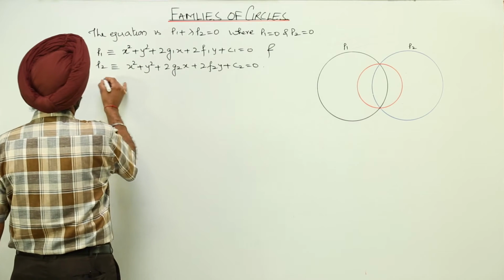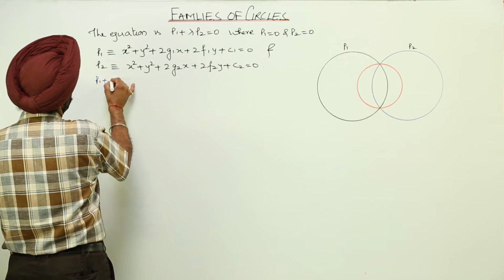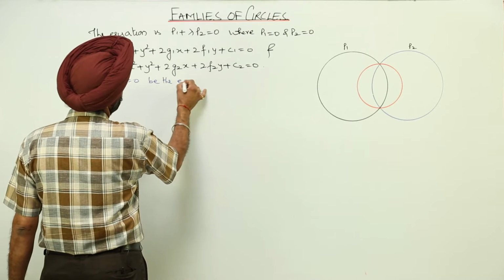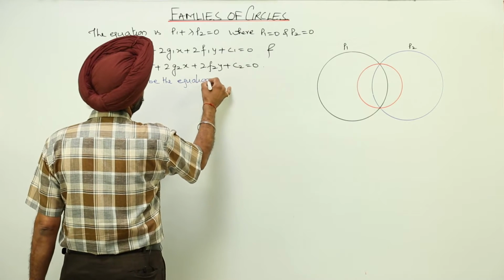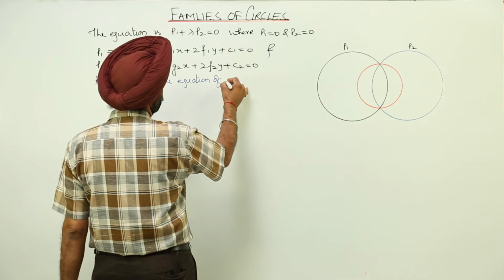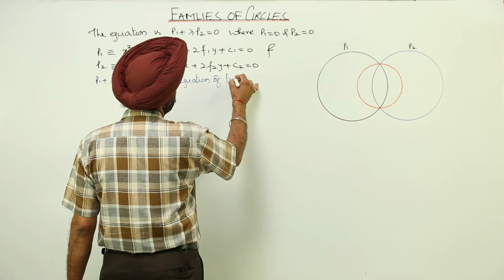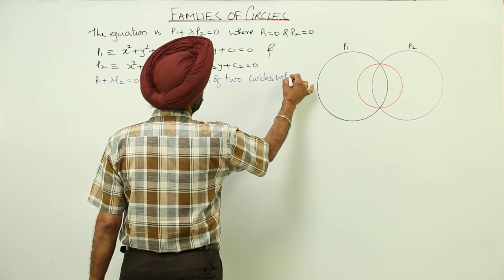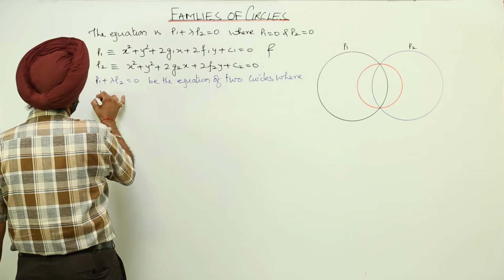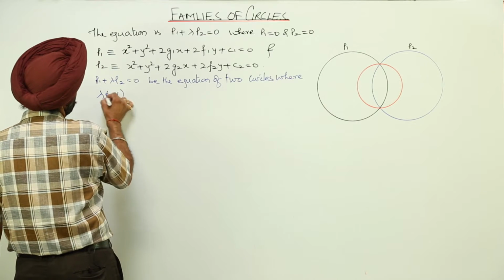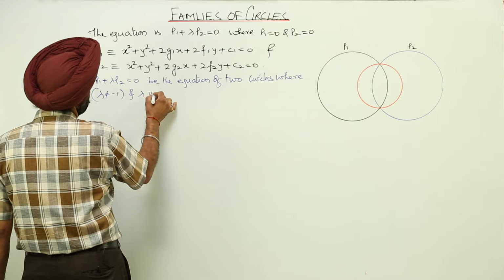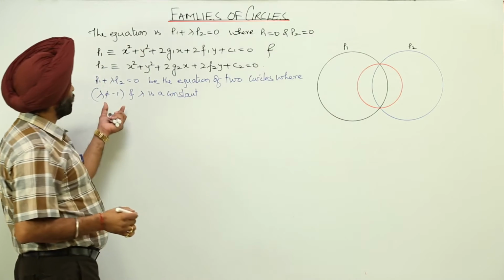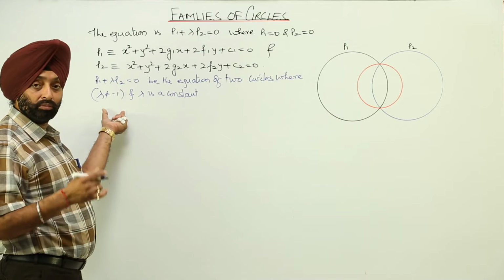Now P1 plus lambda P2 is equal to 0 be the equation of two circles, where lambda is not equal to -1 and lambda is a constant. Lambda is a constant, and writing this part, this also has a very nice reason.